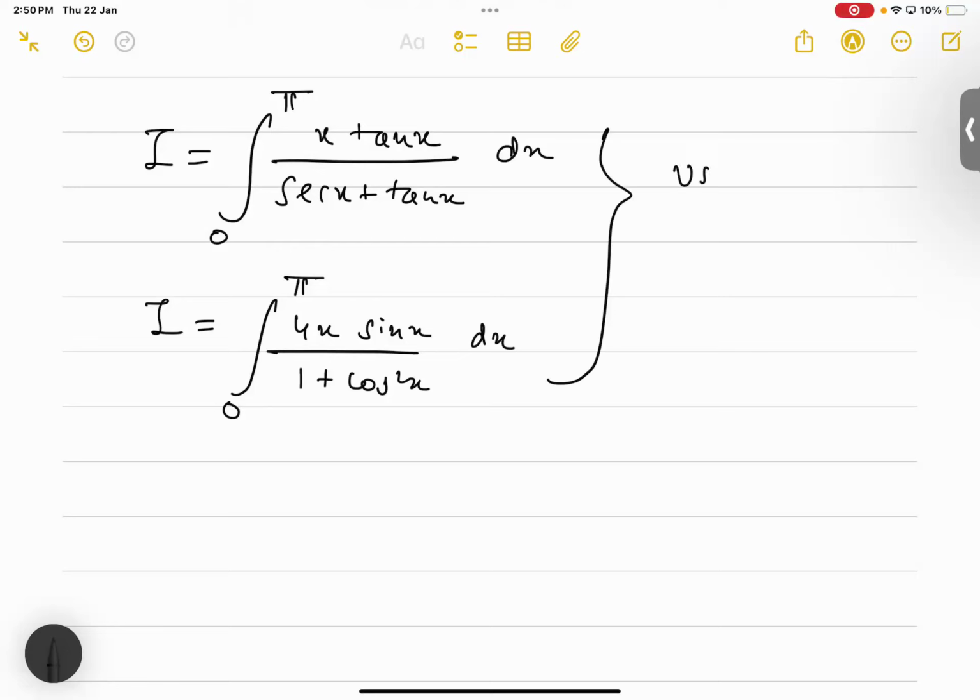Okay. Use the 0 to a property. So these two problems you can practice at home. And if you do it today itself, it will be good.